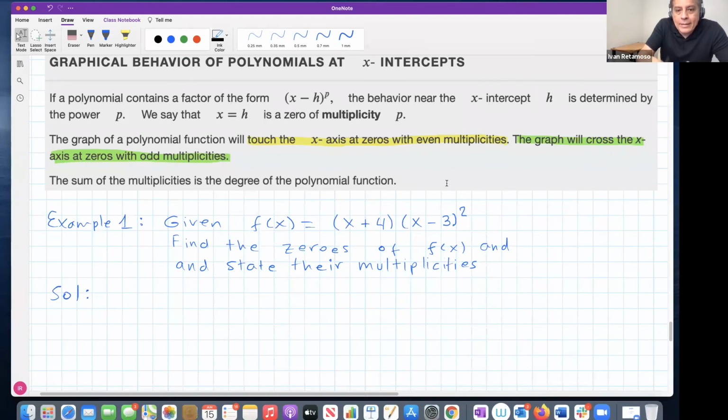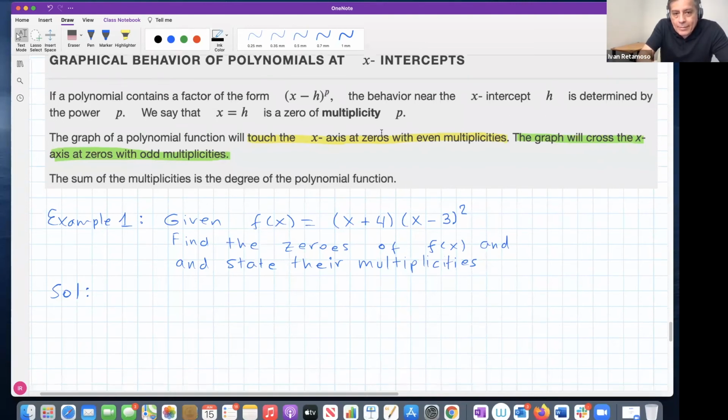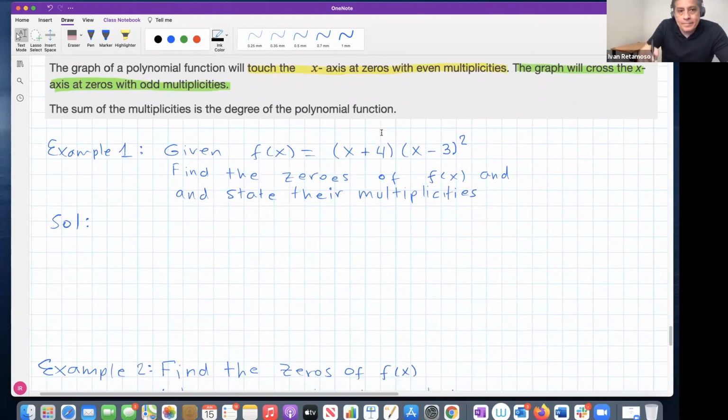All right. Now, for you to understand this, let me show you this example. Example 1 says, given f of x equals x plus 4 times x minus 3 squared, they're giving you here a polynomial function in factored form, right? They're asking you to find the zeros of f of x first and state their multiplicities. Okay, let's do that. And then let me show you how these multiplicities are related to the graph of the function, okay?